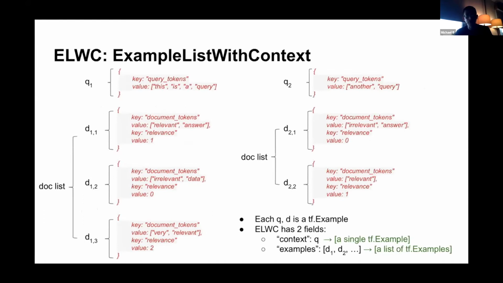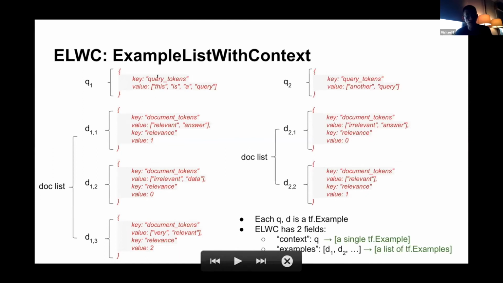So here's a very brief example of what we call ELWC, example list with context, that comes to combat the first question of how do we represent inputs to these models. In this case, each query is by itself a TF example, and each document is also a TF example. What we have is basically a special list of examples where the first example is a context for a query.